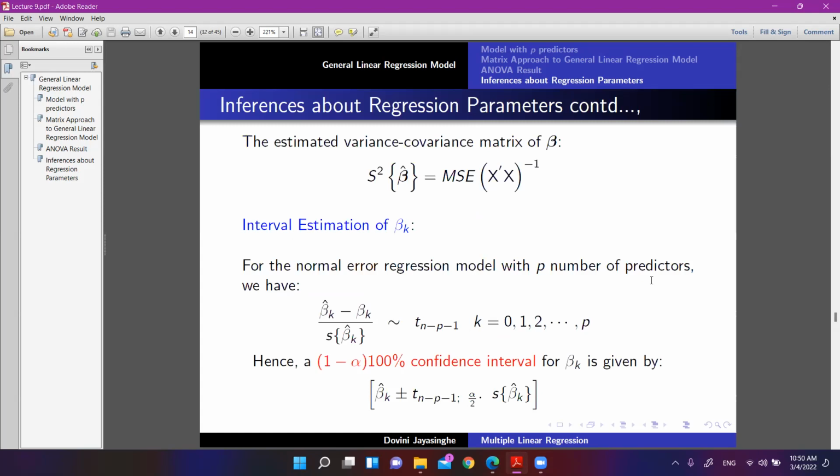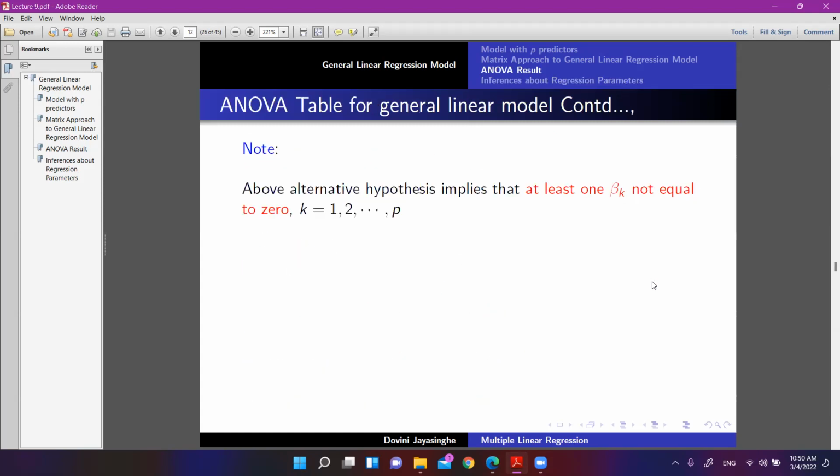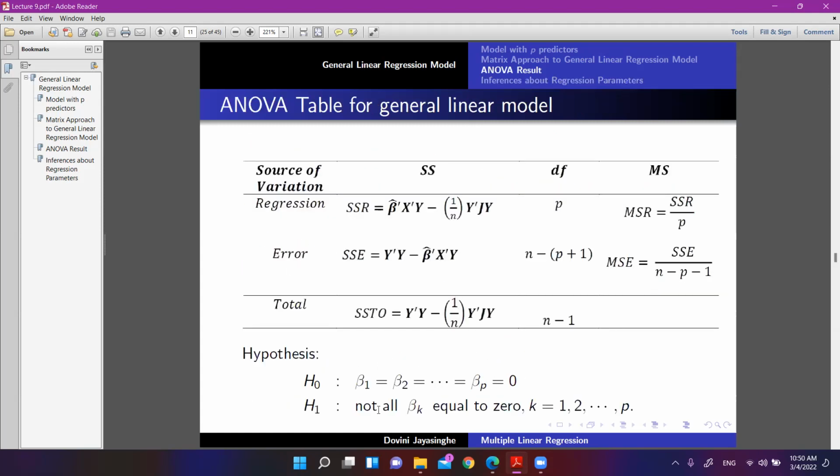Otherwise, if you reject H naught here, you can have all those terms in the model and use it. It's going to be very complex. There could be insignificant terms in the model as well. They're not going to add high value, but still you have to incorporate a very complex formula if you cannot omit insignificant terms.